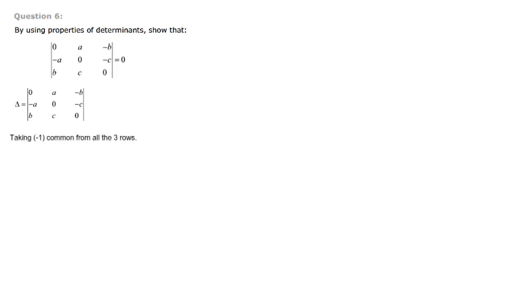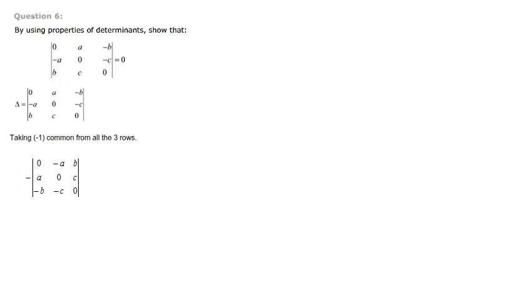What we have to do is take minus 1 common from all three rows. From the first row I'm taking minus common, the second row also minus common, and the third row also minus common. When I take 3 minuses, it means one minus, which I keep outside. So here no change, 0.